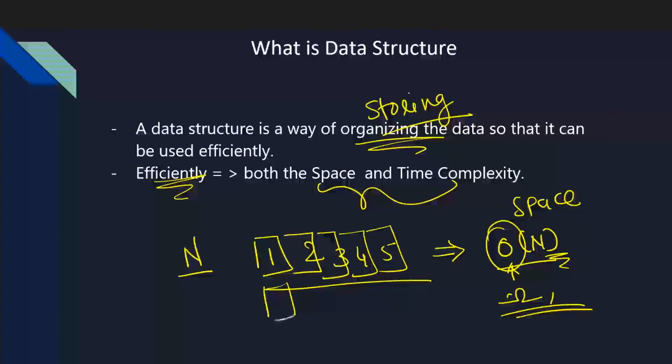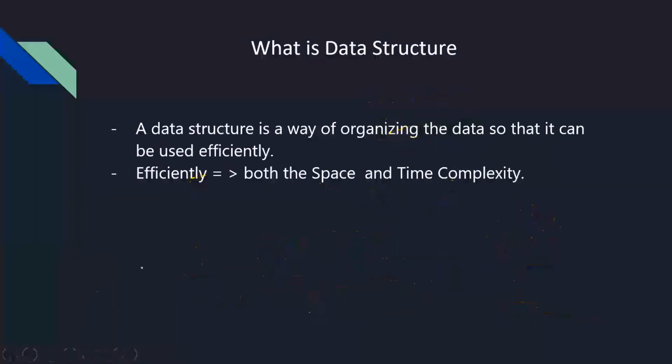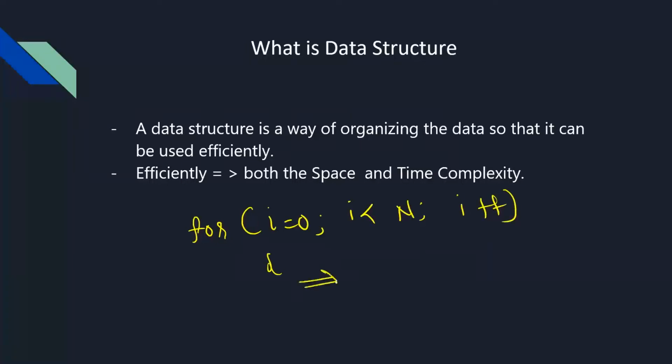And if you store n into n size, like in a 2D array, then it is called order of n square space. In the same way, for time complexity, if I write a loop for i equals 0 to i less than n, i plus plus, and I operate some things over here, then it is called order of n.